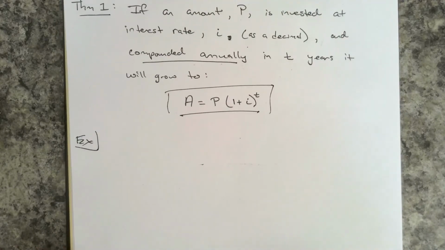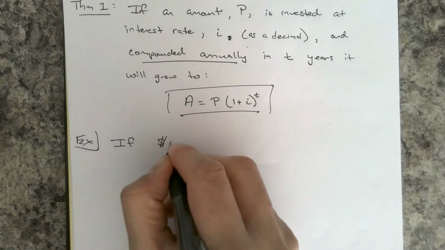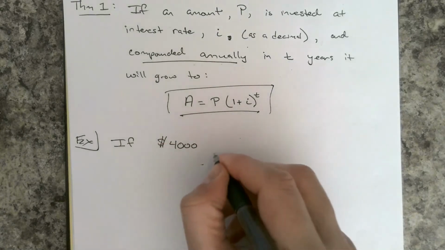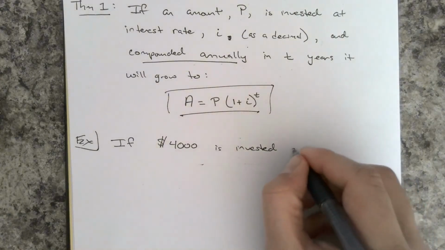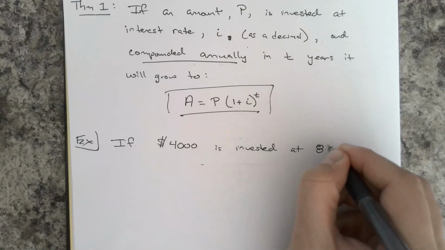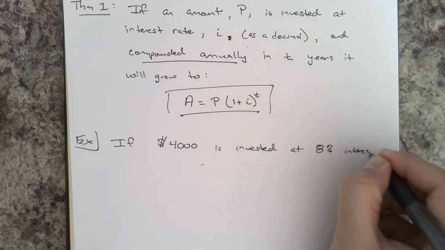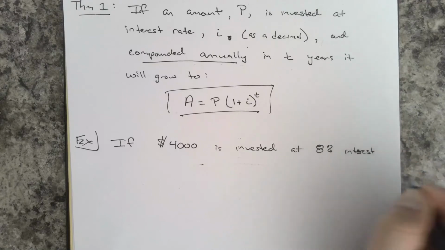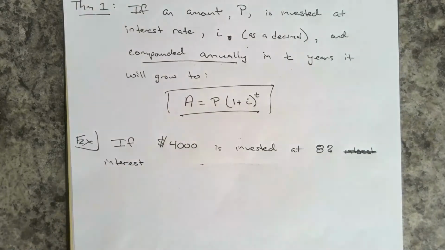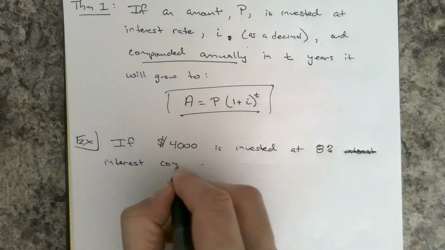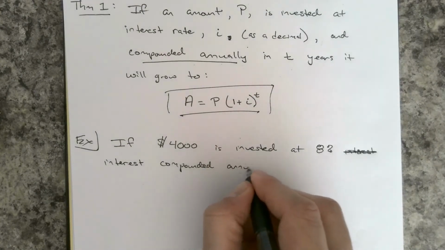So let's take a look at an example that uses this. If $4,000 is invested at 8% interest compounded annually.